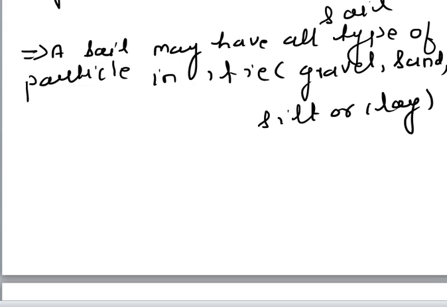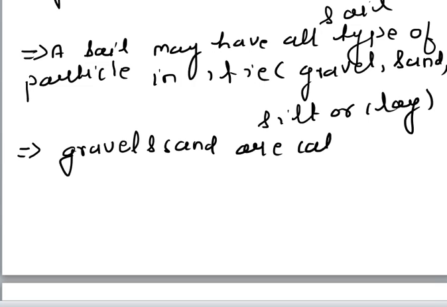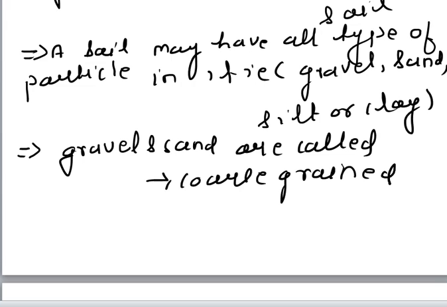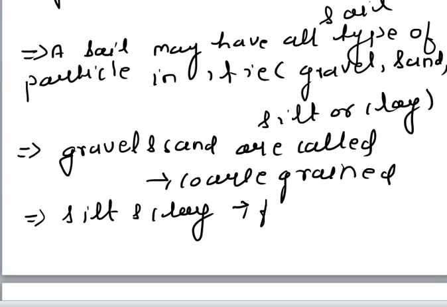The composition of soil may contain particles of all these ranges. So gravel and sand are called coarse grained, and silt and clay are called fine grained.